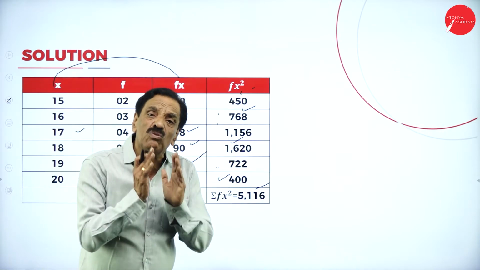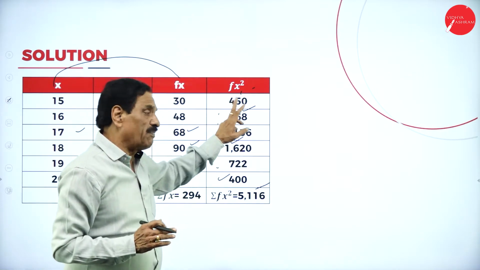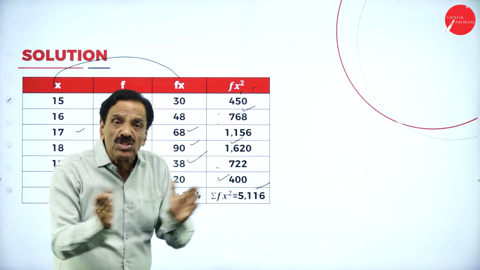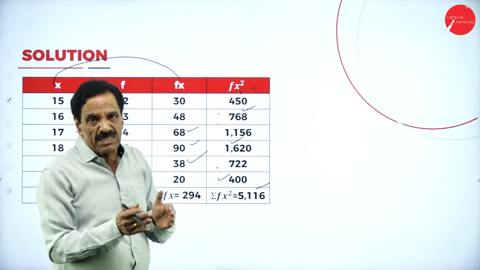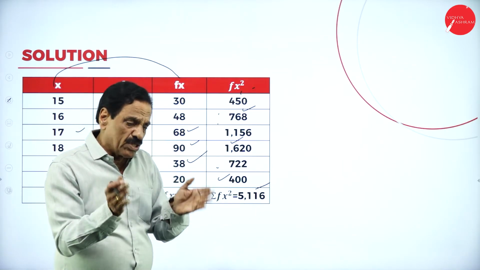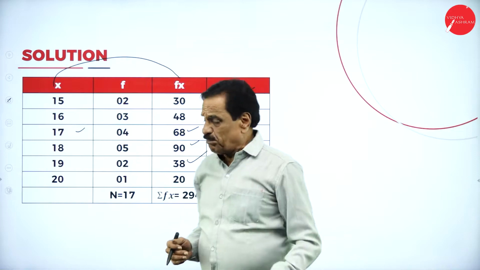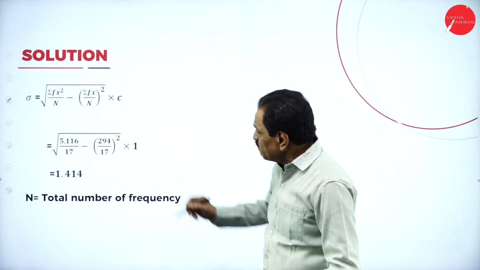What is 5,116? Total of sigma fx square. Sigma means total of the number. Total of the number is called sigma. Sigma means total. Now we have to apply the formula.